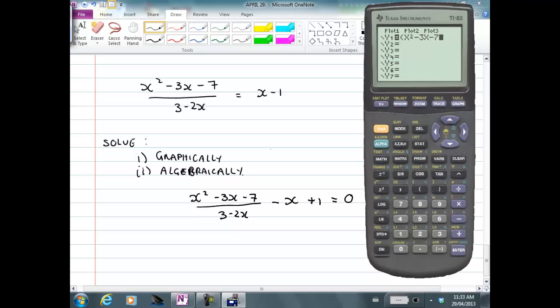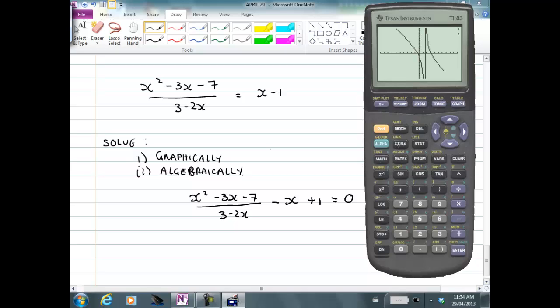Minus 7, and I end bracket separately. Divide this by, again, I like to use brackets, 3 minus 2x, end bracket. Minus x plus 1. Hit graph and cross your fingers.